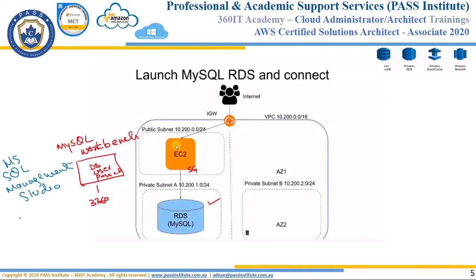We will download it on an EC2 instance. Once that software is downloaded, we will connect to our Microsoft SQL database. So first we'll create the database, then we'll download the software on the EC2 instance, and then we'll make a connection. So let's get started.